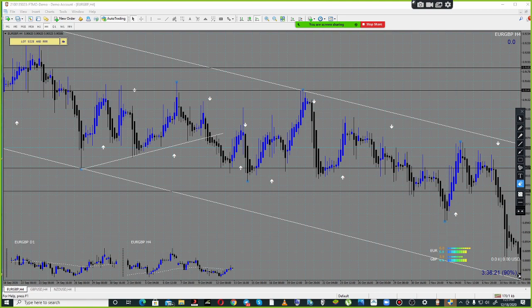What's killing people is being greedy. Don't be greedy. Avoid staying too long in a trade. If a trade hits your take profit, get out and then wait for another setup.